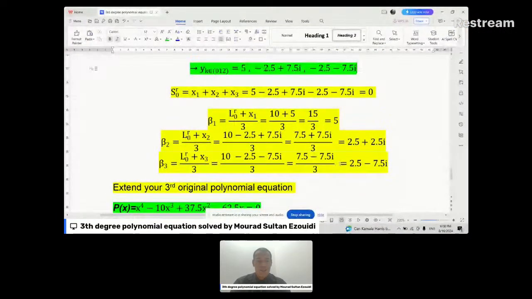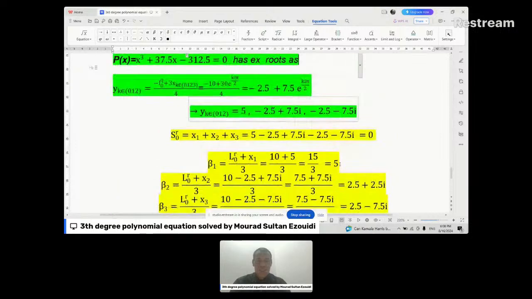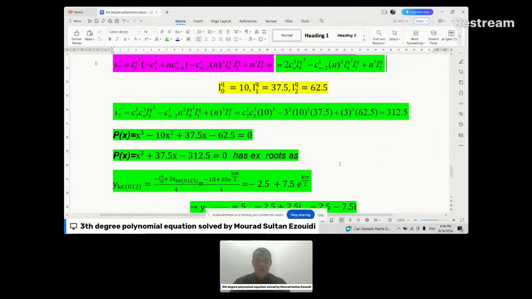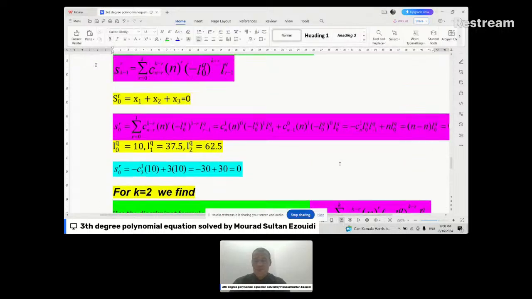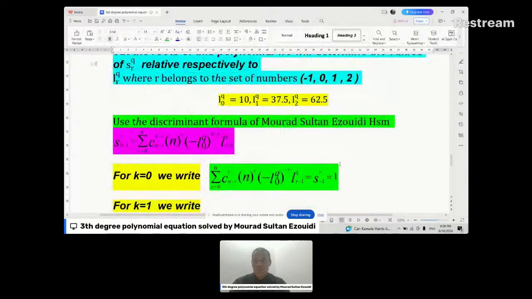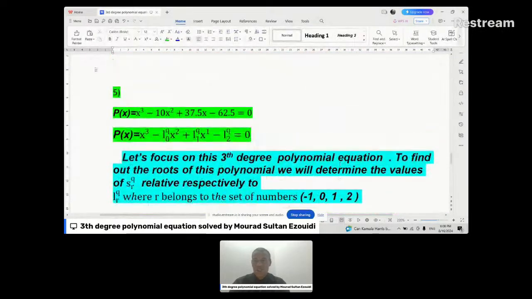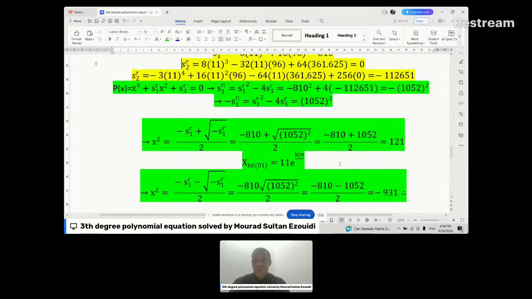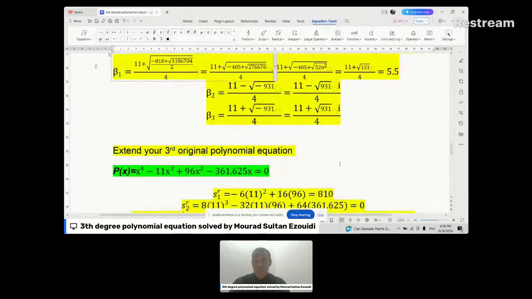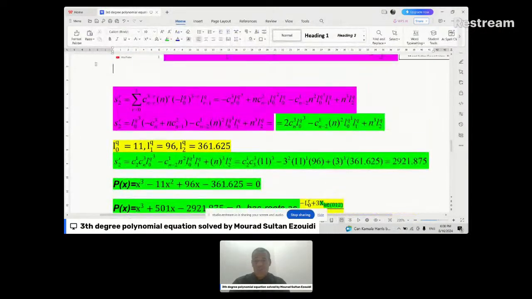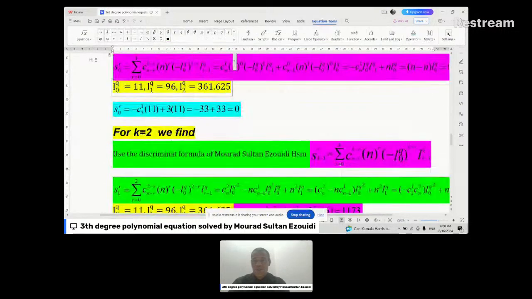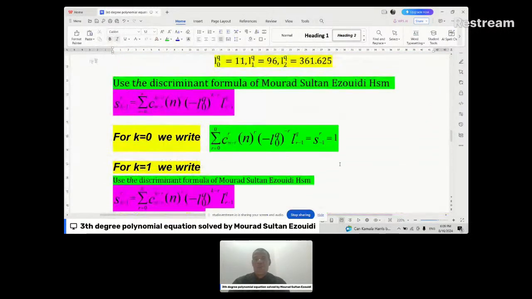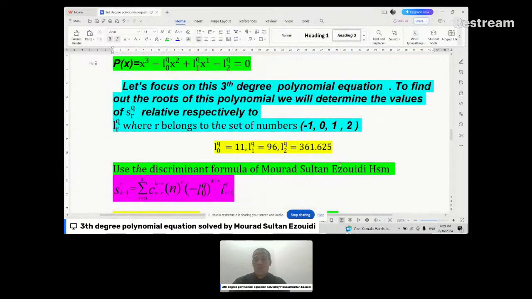Here we have three examples, three third degree polynomial equations we are going to solve. I will go to example number 3 first, then 4, then 5. Let's go. So it's a new method, learners. You can learn from me and apply the discriminant formula of Mourad Sultan Ezouidi so that you will get your new third degree polynomial equation.